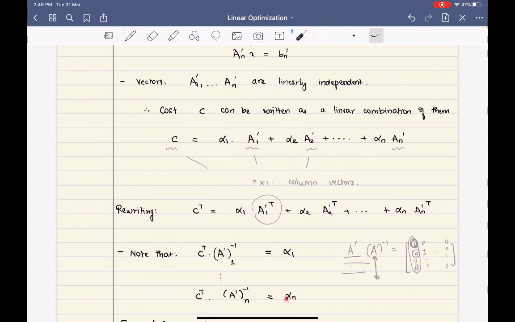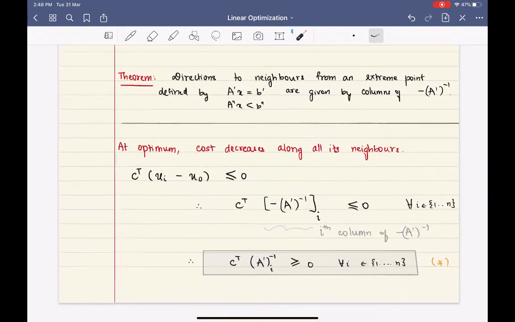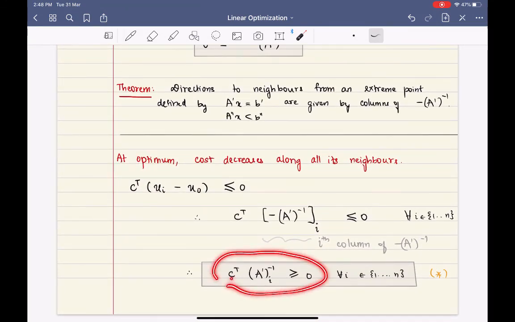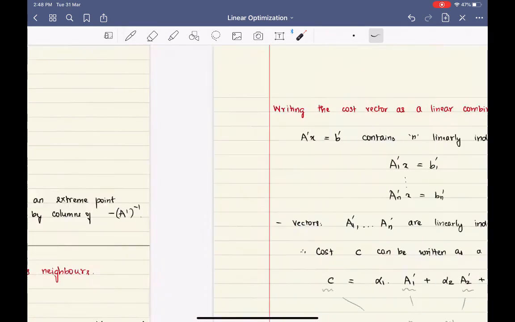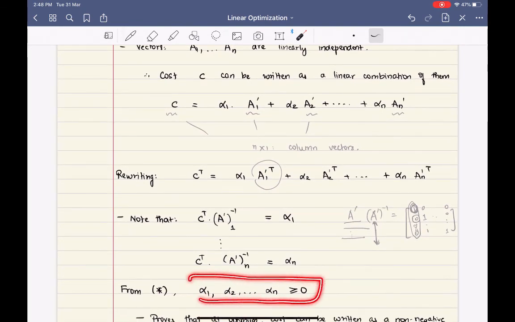Similarly, to get alpha n, we need to multiply C transpose with the nth column of A prime inverse. Now it just remains to use star. This is what we have shown, that C transpose multiplied by the ith column of A prime inverse is non-negative. And hence we get alpha 1, alpha 2, up to alpha n to be bigger than or equal to 0.